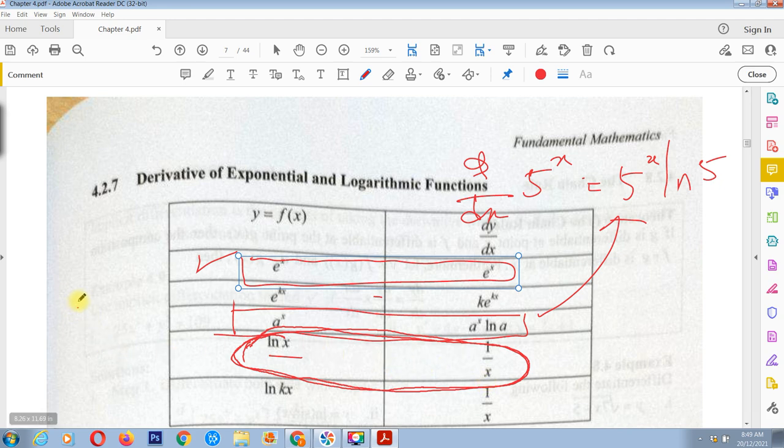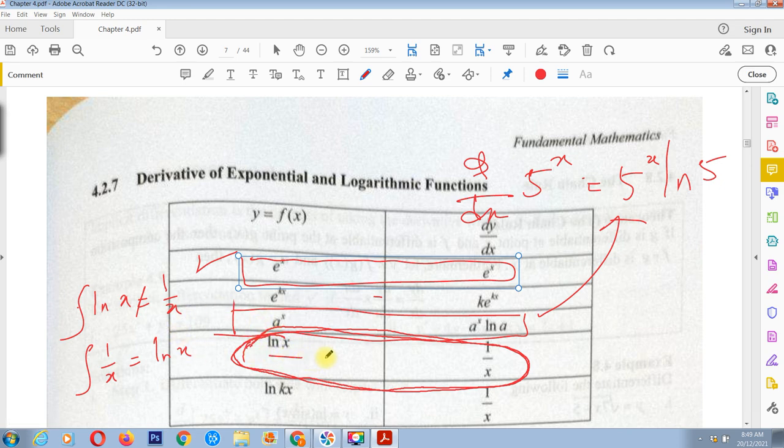But if we integrate ln x, you do not get 1 over x. You remember this? If you integrate 1 over x, you will get ln x. Okay?